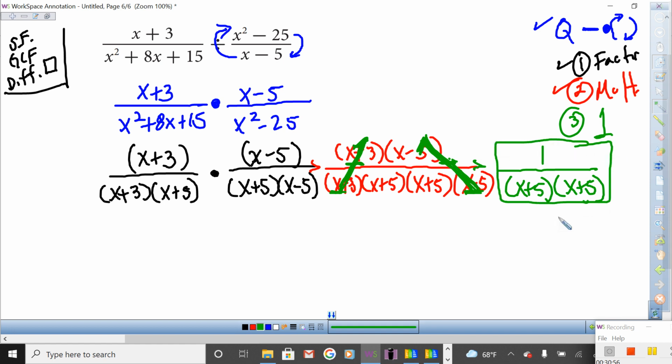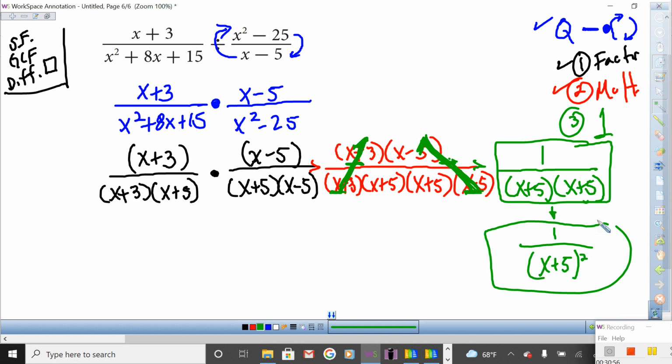You're like, what? Megan asked, Mr. Q, can we write this as 1 over x plus 5 to the second? Yes, you may.